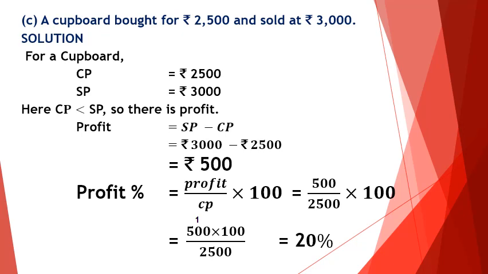So multiply the numerator 500 into 100 whole divided by 2500. 500 can be cancelled with 2500. We get the answer as 5, and 5 and 100 can be cancelled. We get 20. So profit percentage equal to 20%.